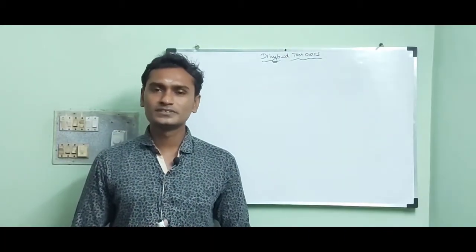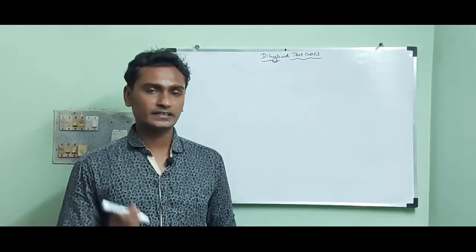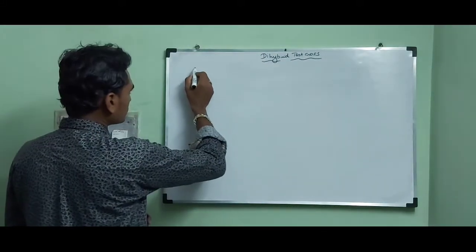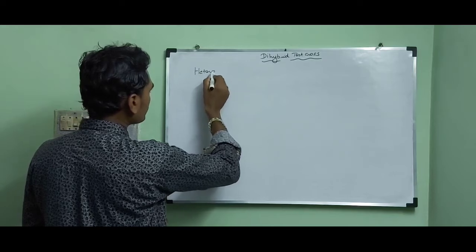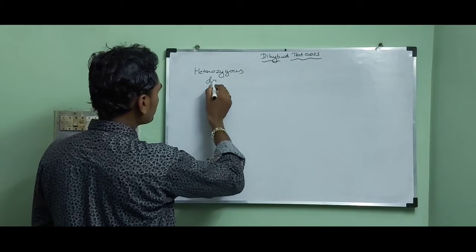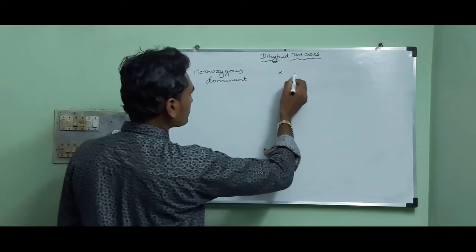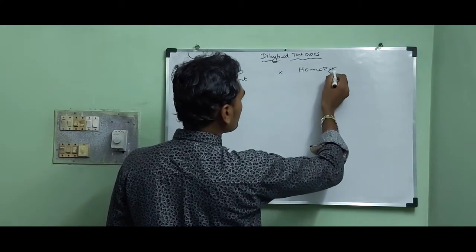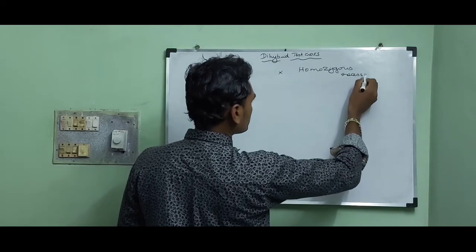Now I am going to explain the next possibility of test cross. The next cross is made between the heterozygous dominant parent and the homozygous recessive parent.